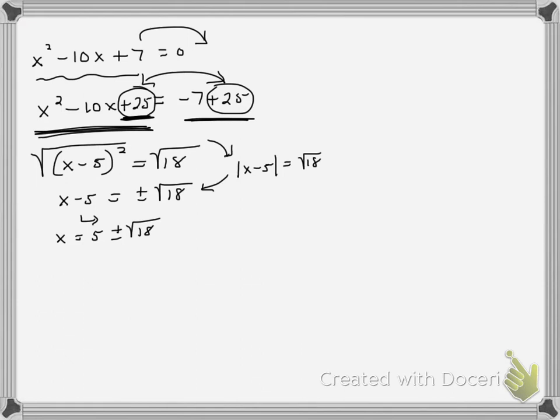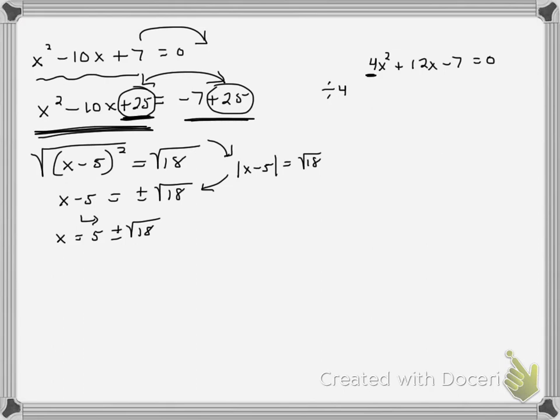What do I do if I have a numerical coefficient in front of my square term? First off, I'm going to divide everything by 4 to get rid of that numerical coefficient right there.